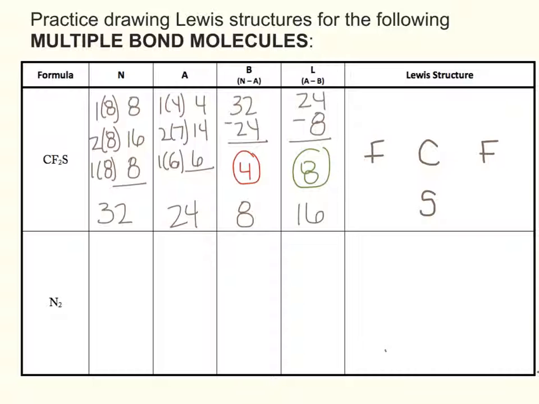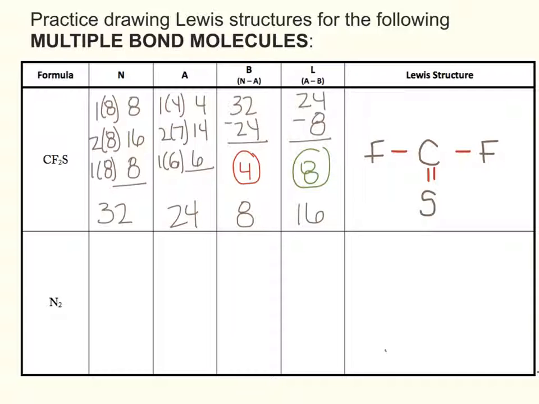And remember, this is a multiple bond molecule, so it makes sense that even though we connect all of our atoms to the center, we don't have the 4 yet. We're going to have to place a bond on one of these atoms. We know that fluorine can only form 1 bond. It's a halogen. Sulfur has 6 valence electrons, so it can form 2 bonds. So we're going to place that additional bond so that we have the 4 bonds needed on sulfur.